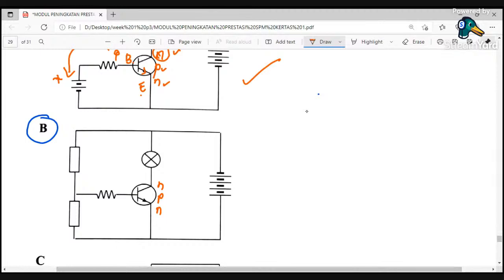So current akan flow dari sini, dari sini dan sampai sini. Complete the circuit and go here. Okay, so means current akan flow ke sini. Kalau dia complete dia punya circuit, dia akan pergi sini ke atas lah.